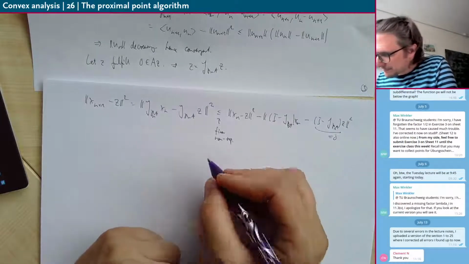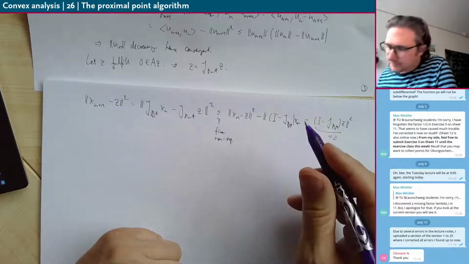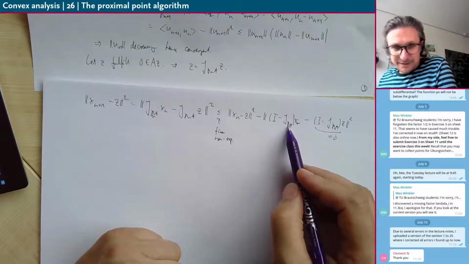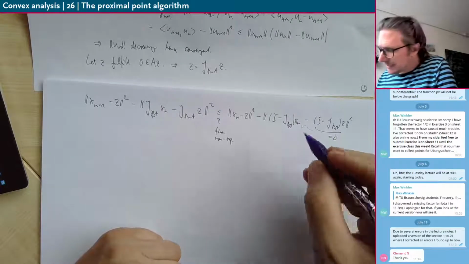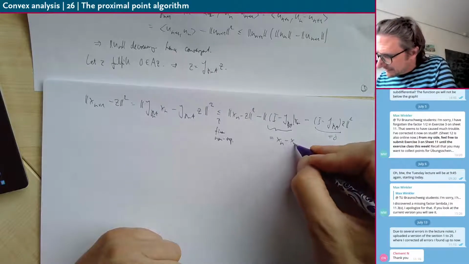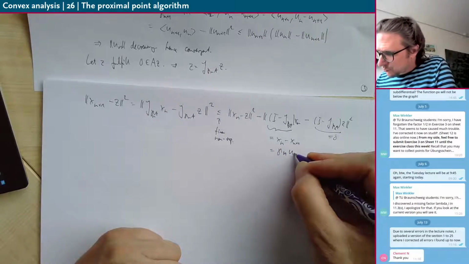But anyway, and this here is actually x_n minus x_{n+1}, which is gamma times u_n. So this here is equal to x_n minus x_{n+1}, and this is gamma_n u_n.